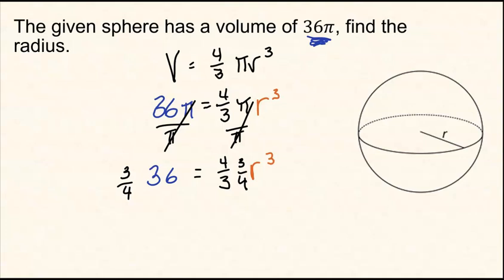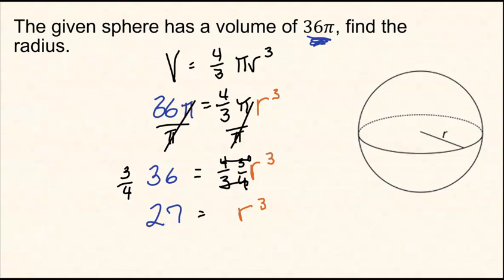If you're figuring out that all the reciprocal is in the world of fractions is flipping the fraction, the answer is correct, because the goal is that when you multiply these fractions together, you get 1. 4 times 3 is 12, and 3 times 4 is 12, and 12 over 12 is 1. Now we have to multiply 3 over 4 times 36. Thanks to my calculator, 3 over 4 times 36 is 27. And I'm bringing down the remainder of the formula, which is r to the 3rd power.